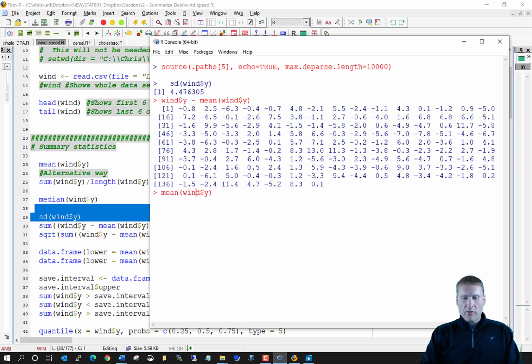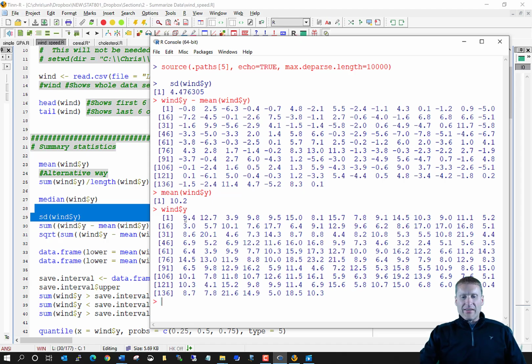So remember that the mean for wind$y is 10.2. And the first data value is 9.4. So if I take 9.4 minus 10.2, I get negative 0.8. We've seen some of this behavior of R before, in the introduction to R notes, where R essentially does an element by element subtraction in this case.